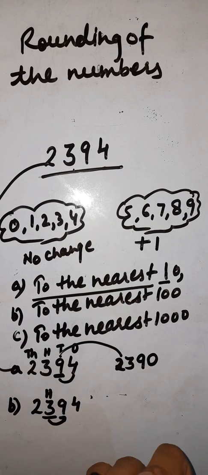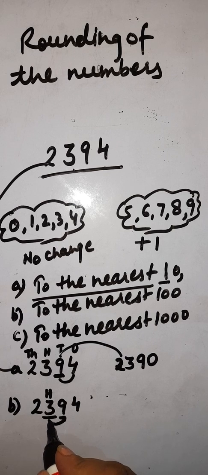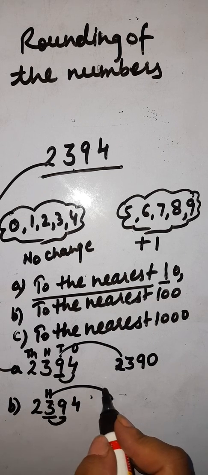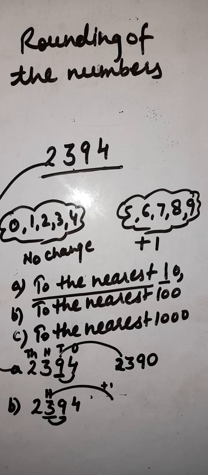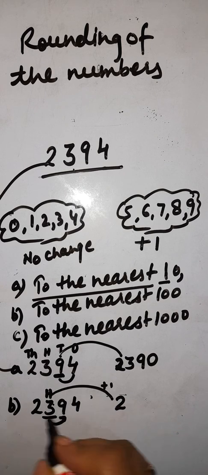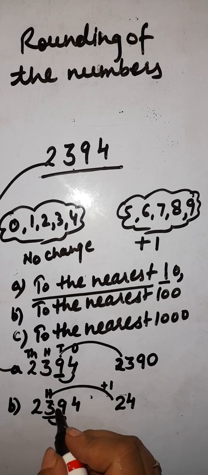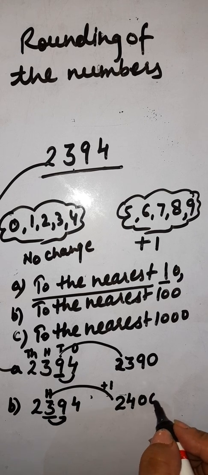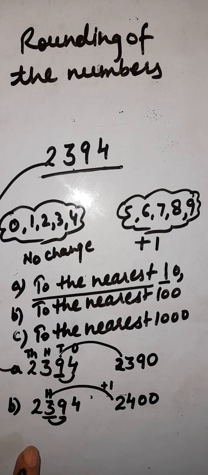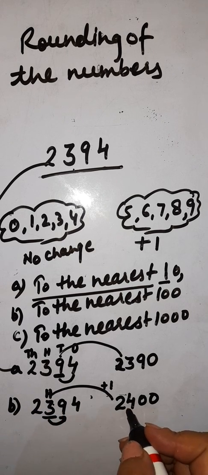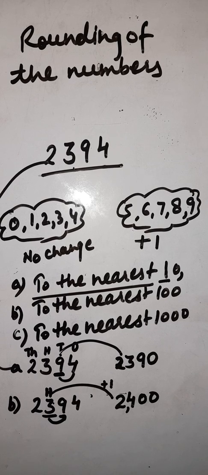So we will add 1 to 3. 2 will remain as it is. 3 will convert when we add 1, so it will become 4. And the next 2 digits will convert into 0. So when we round off 2394 to the nearest 100, we get 2400.